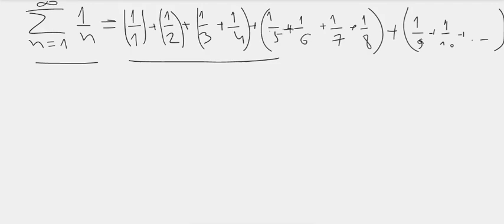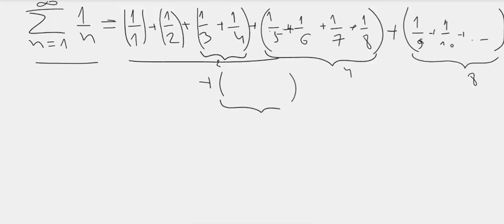Then the group of the next 16 and so on. So here we have 2 terms, here we have 4 terms, here we have 8 terms, here we would have 16 terms, and so on.